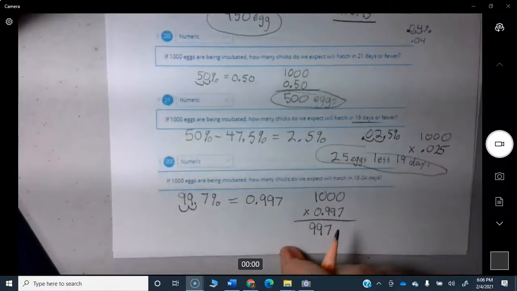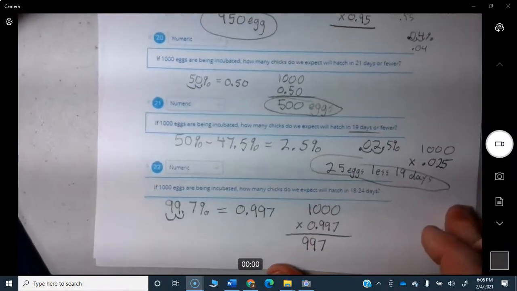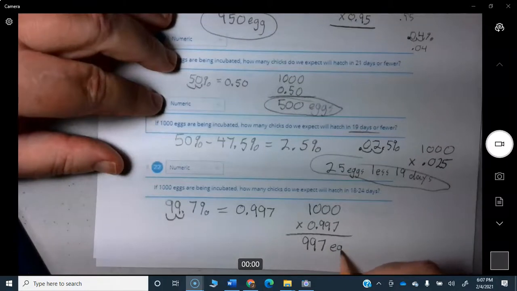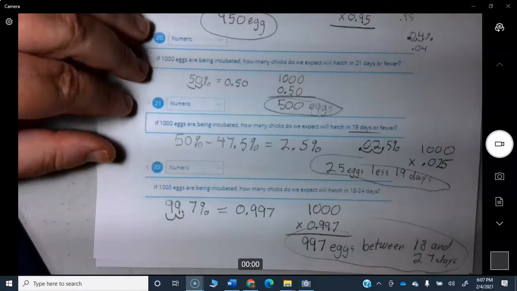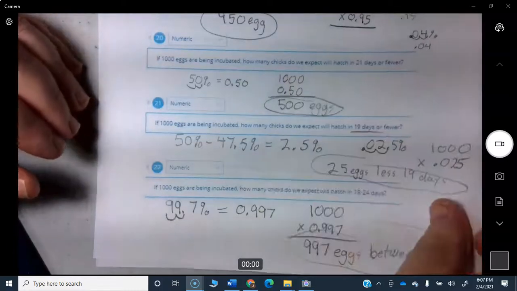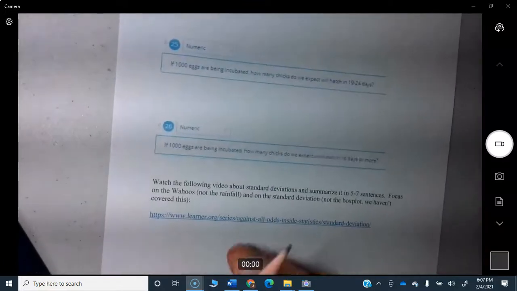Only 3 eggs are either before 18 days or after 24 days. Okay, there you go. Okay, keep going. See, these problems aren't really long. You just have to know what you're doing.